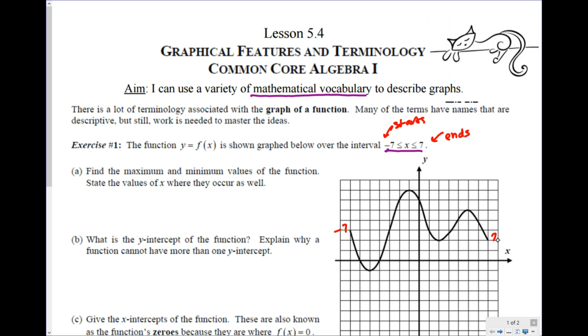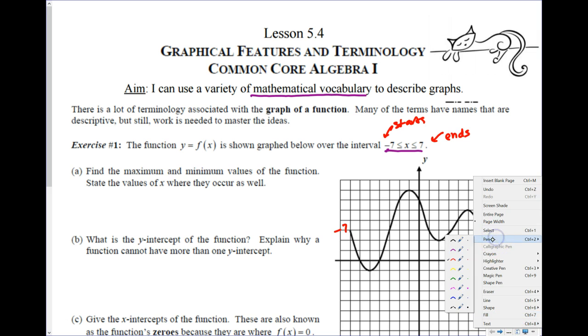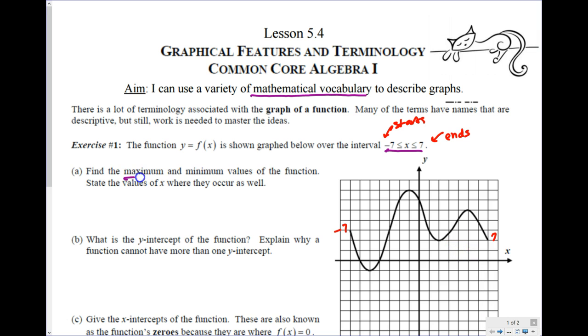Okay? So let's look at letter A. Find the maximum and minimum values of the function. So maximum value, again, we talked about this in the last lesson, it means the highest. So if I go to my graph, this kind of looks like hills. So you want to find the highest hill, the highest point, which is right here. So this is my maximum.